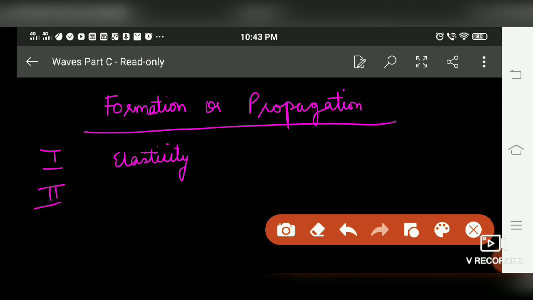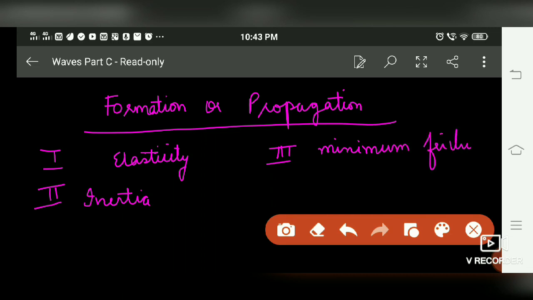Second, inertia, so that particles can store energy and overshoot the mean position. Third is minimum friction, so that the wave can propagate through it without decaying before reaching the target.